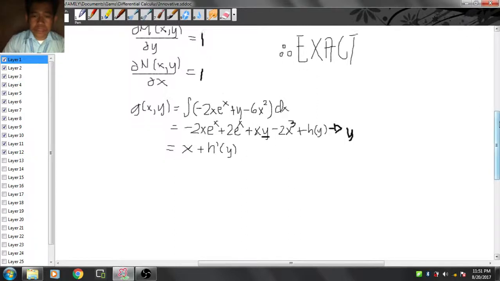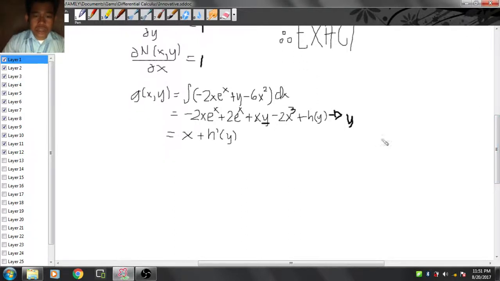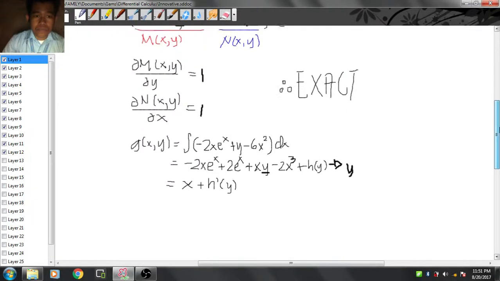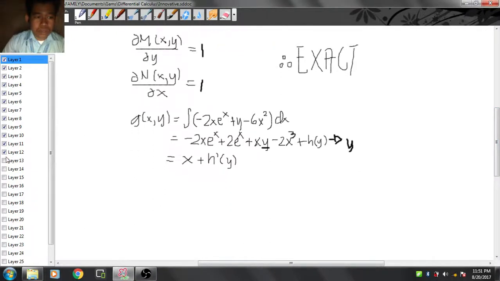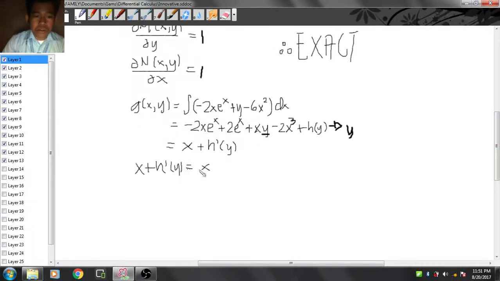So to solve for the h of y, we need to equate this to our N of xy, and that will give us this one.